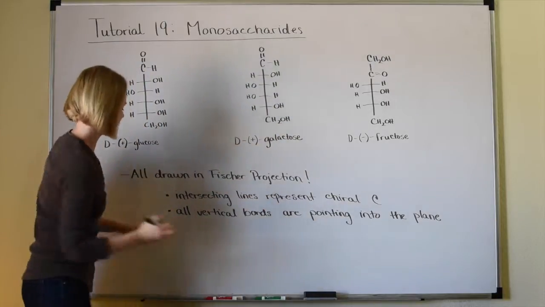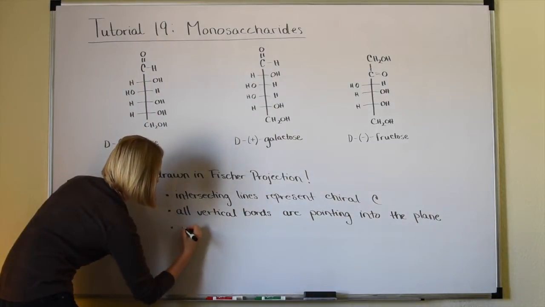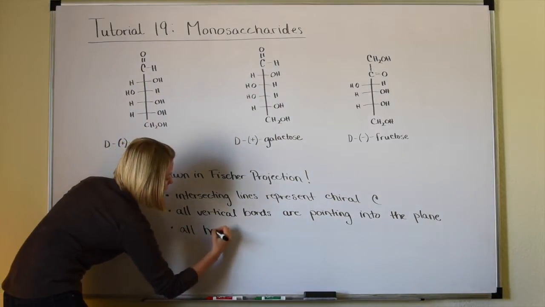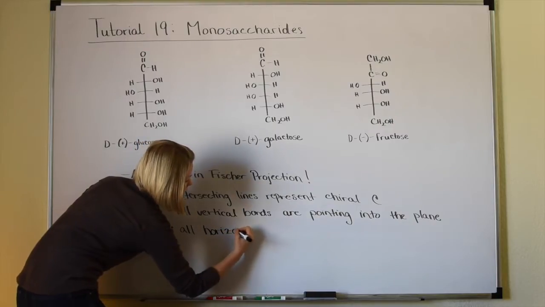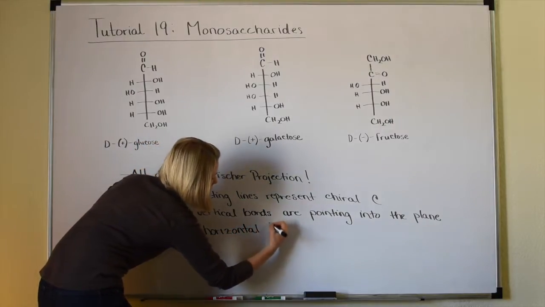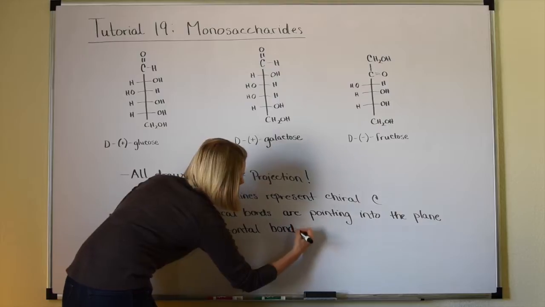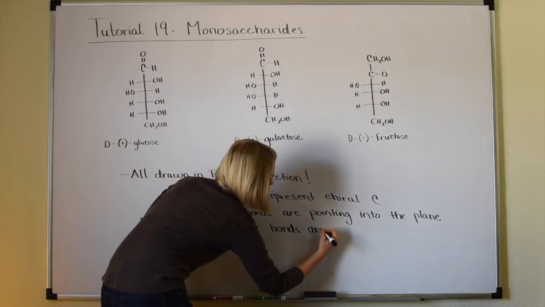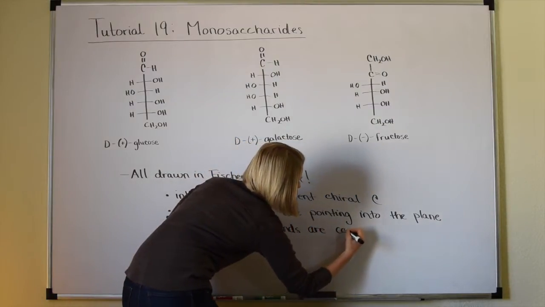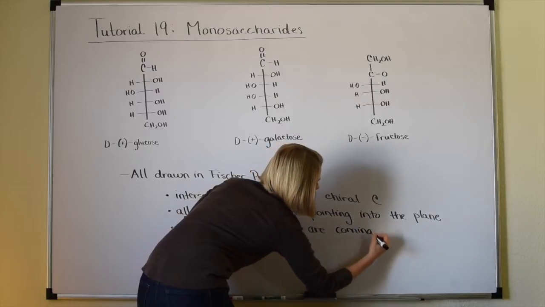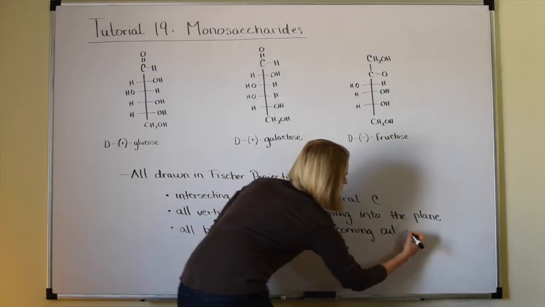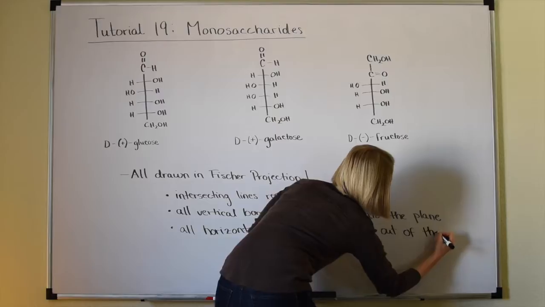So I'm going to write that here. All horizontal bonds are coming out of the plane.